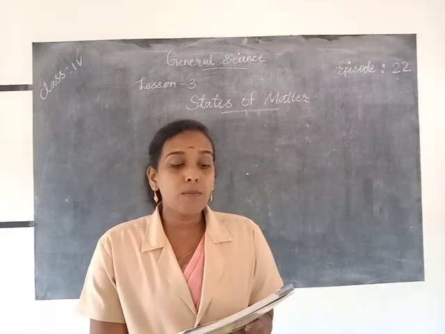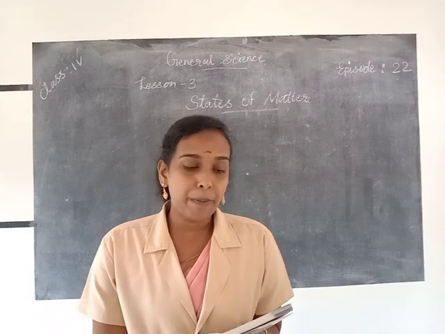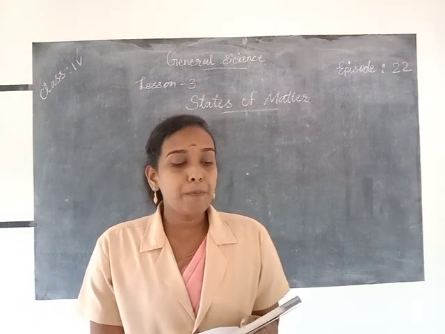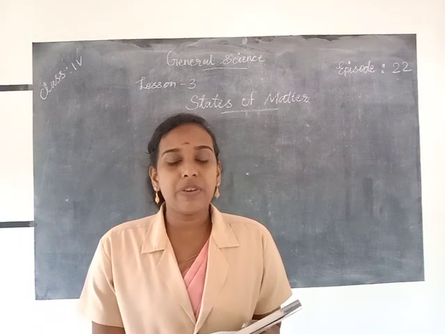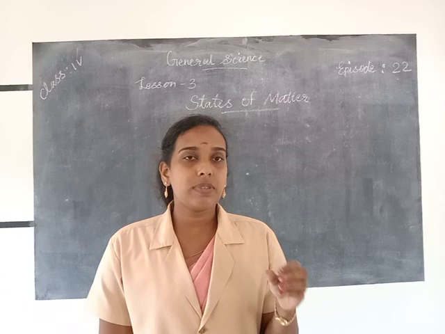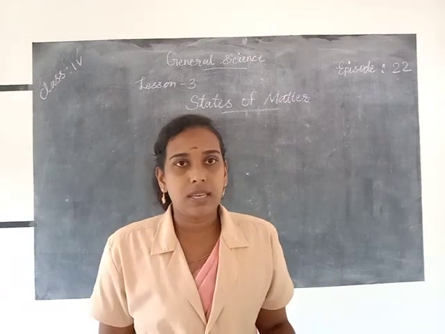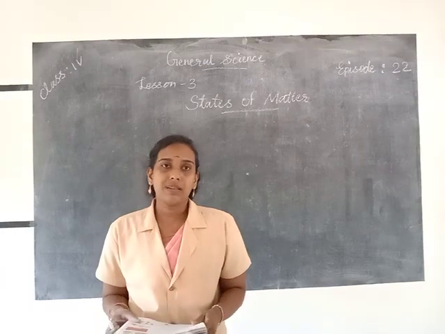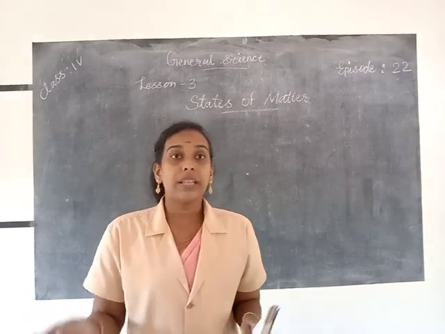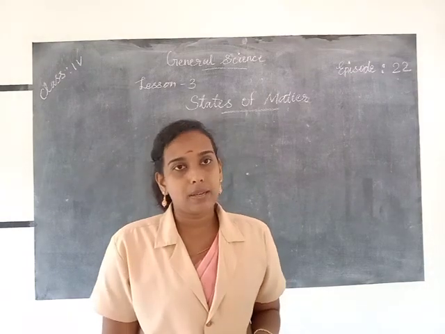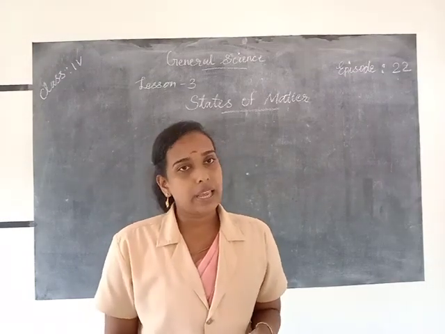If you place your book or pencil box at different places, it will occupy the same space. If you press it with your fingers, its shape will not change. If you press your pencil or pen or pencil box with your fingers, the shape is not changed because they are solid states of matter. They have definite shape. The molecules in solid states are very closely packed. They cannot move freely.